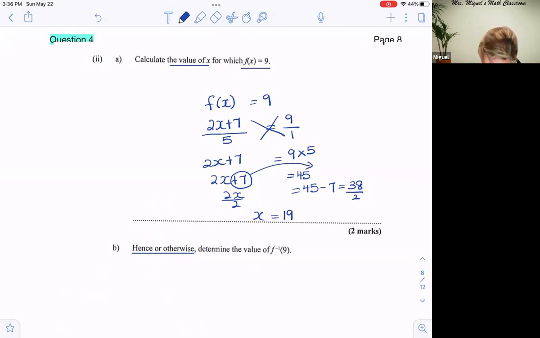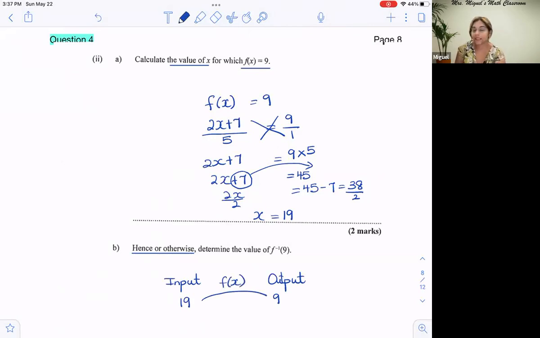If we have x and we have f of x, when we input 19, the output is 9. So the input is 19 and the output is 9. That is the f of x function.